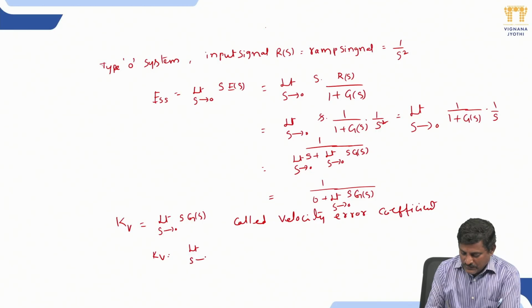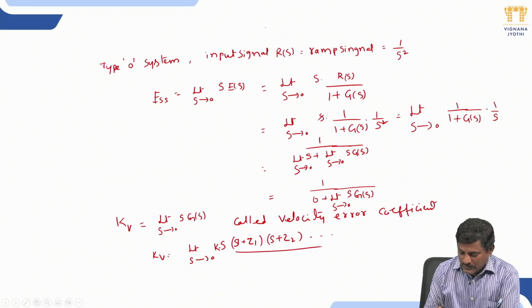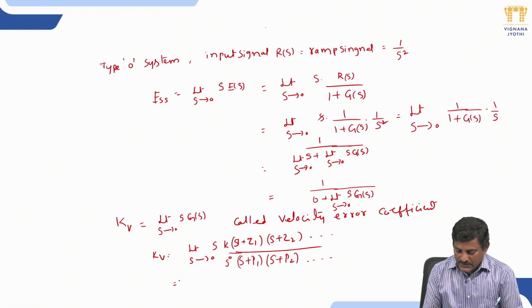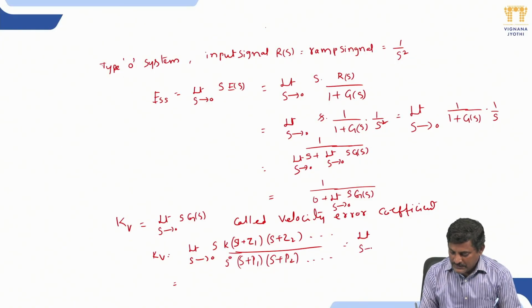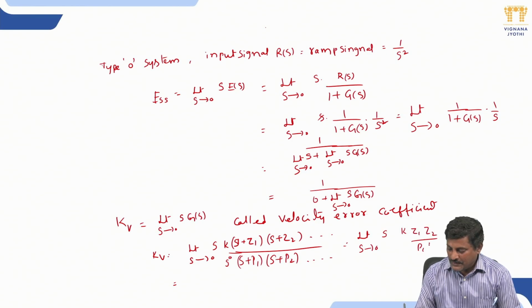Limit S tends to 0, S into K into (S plus Z1)(S plus Z2) etc. by (S plus P1)(S plus P2) etc. That is S power 0, because it is a type 0 system, here substitute S. So this value is equal to limit S tends to 0, S into K into Z1 Z2 by P1 P2, like that.